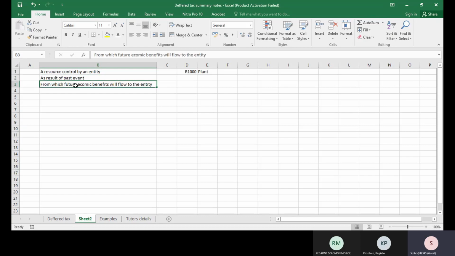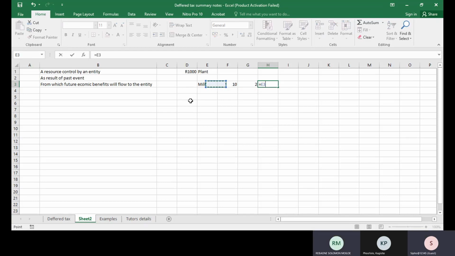Now, they are saying from which future economic benefits will flow to the entity. What are those future economic benefits? Because that's very important. So I said to you, you bought a plant, you want to produce milk, right? So the milk that you're going to produce, you're going to sell it. I don't know how you measure milk, per gram or whatever. You're going to sell each of it that you produce. Let's say you're going to produce 10, and then you're going to sell it at 2 rand, right?